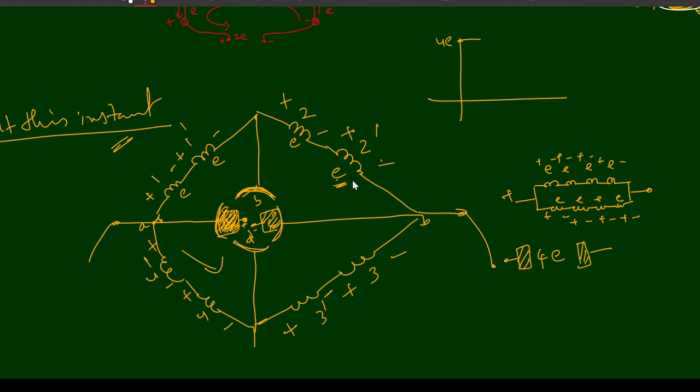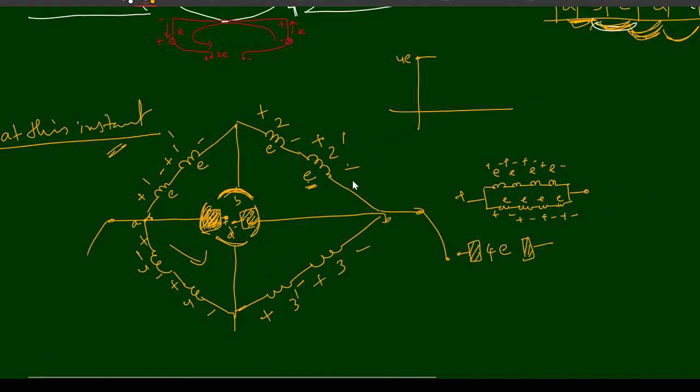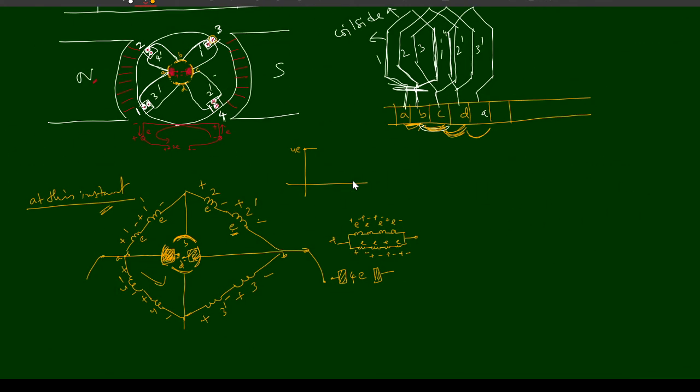Now when the rotor is rotated, it is rotating in the anti-clockwise direction. We have taken that as reference. Now when the rotor is rotating, and this axis is rotated to like this, it is a 45 degrees rotation.